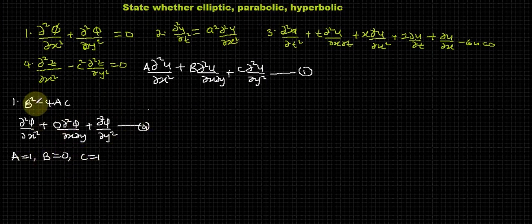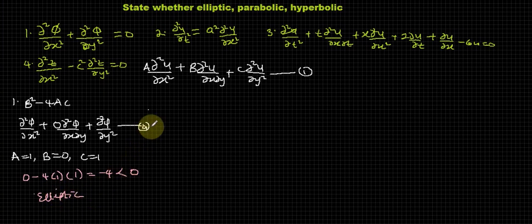Substituting this here, we have b to be 0, this minus 4, we have a to be 1, and c to be 1, and this is −4, which is less than 0. So it is safe to say that 1 is elliptic.